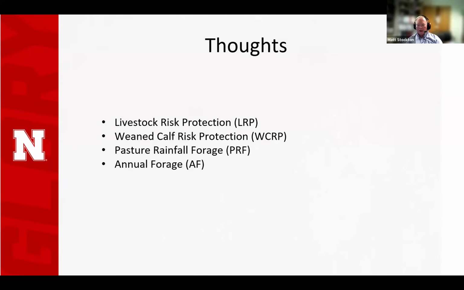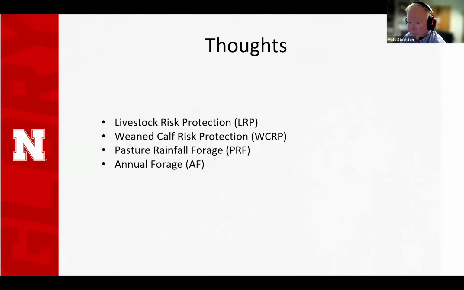These are the LRP, the WCRAP, no A, just P, and the PRF and the AF. And these are all insurances, and they're all available. Look, the whole point of insurance is so that the risk can be borne by someone else and you pay for that. And this is how insurance works.